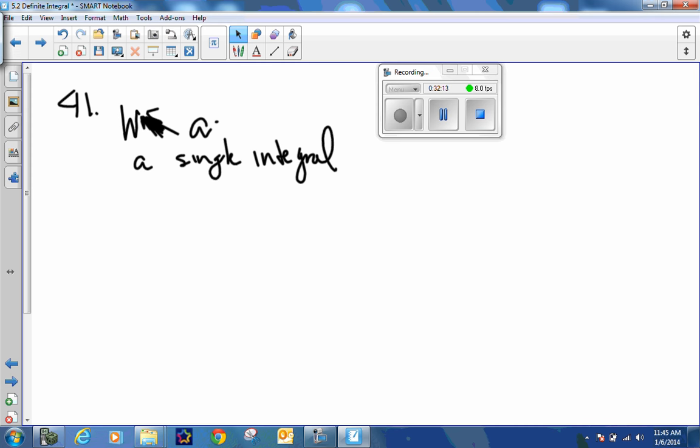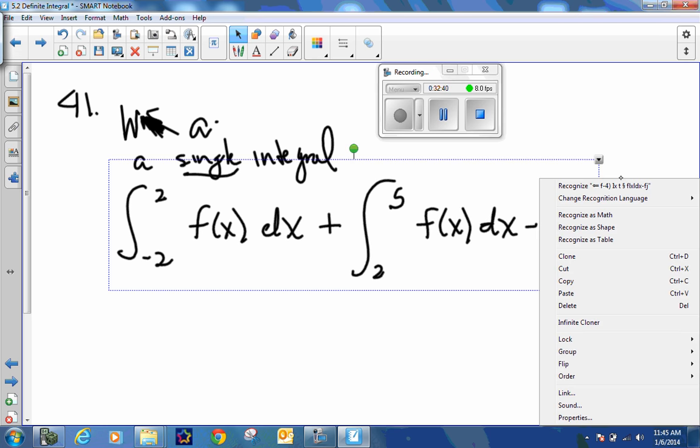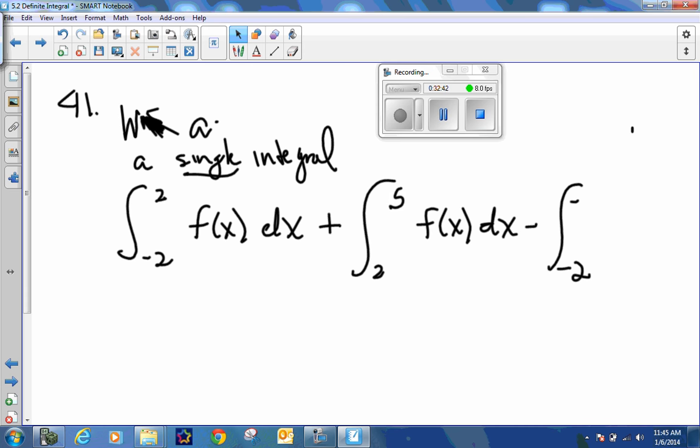That's the key. Here we have the integral from -2 to 2 of f of x dx, plus the integral from 2 to 5 of f of x dx, minus the integral from -2 to -1 of f of x dx.